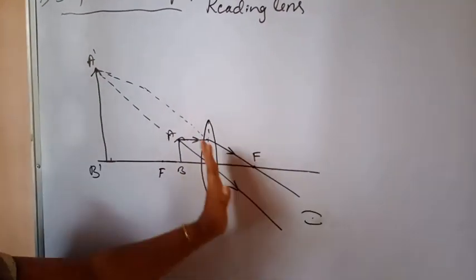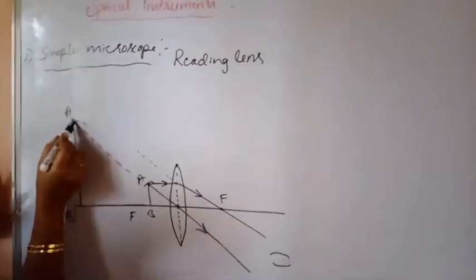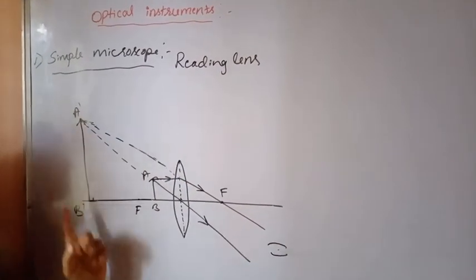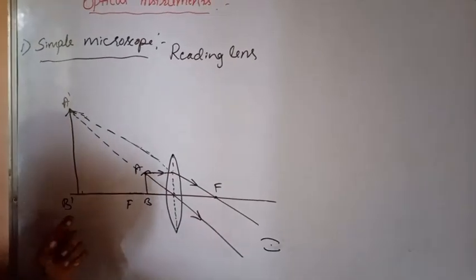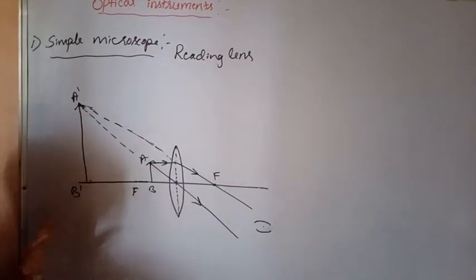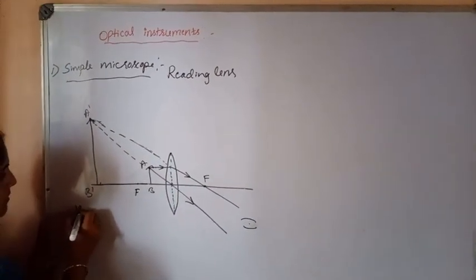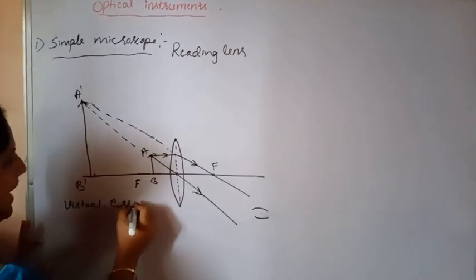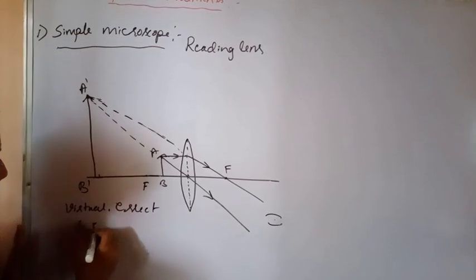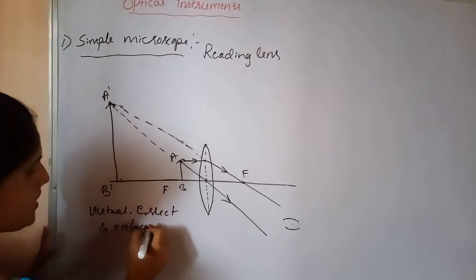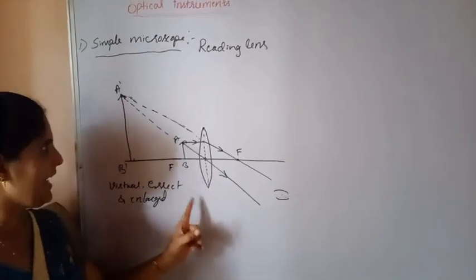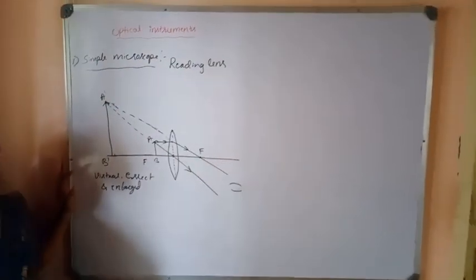If we extrapolate the rays in the backward direction, we get the image of the object. The image formed by this lens is virtual, erect and enlarged. The image formed by the simple microscope is virtual, erect and enlarged.